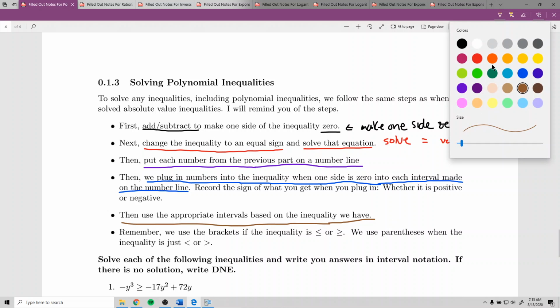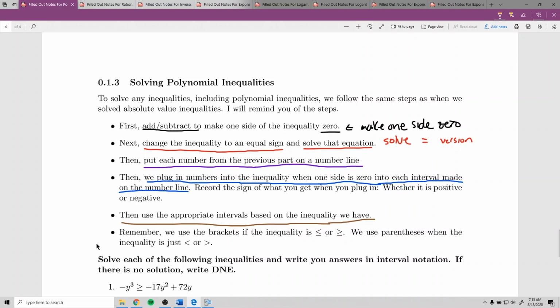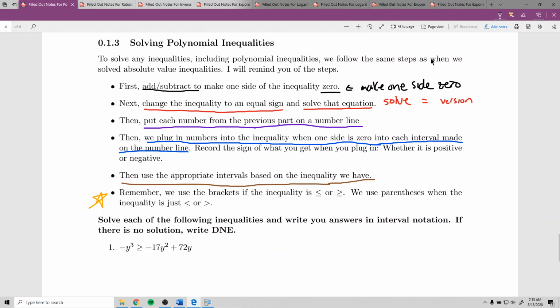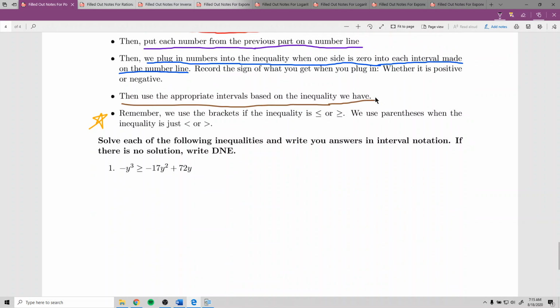And the last one is really just a reminder, it's not actually a step. Whether you use brackets or parentheses depends on whether the inequality has an equal part or not. Right, but I'll go through those steps as we work through the couple problems we have.